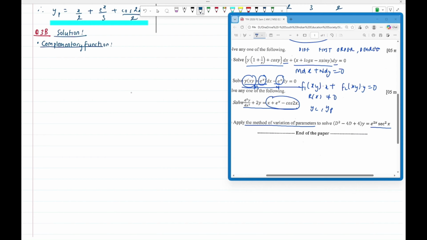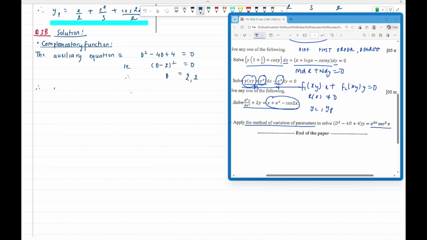For the complementary function, again we are going to need the auxiliary equation. So in this case, the auxiliary equation is D squared minus 4D plus 4 is equal to 0, which is D minus 2 whole squared is equal to 0, and this gives us that D is equal to 2.